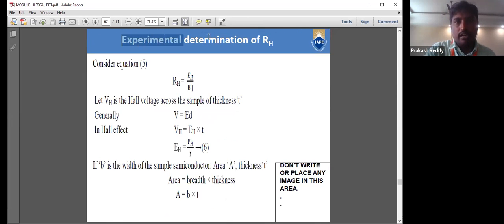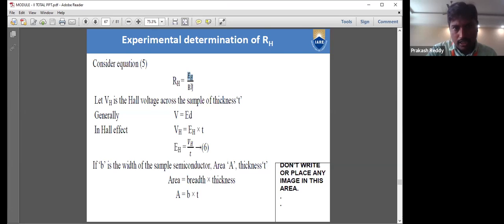Now, experimental determination of R_H. To derive the equation for R_H, I am taking the sample thickness and area of the sample also. By taking the thickness, I am deriving the equation E_H equals V_H by t.